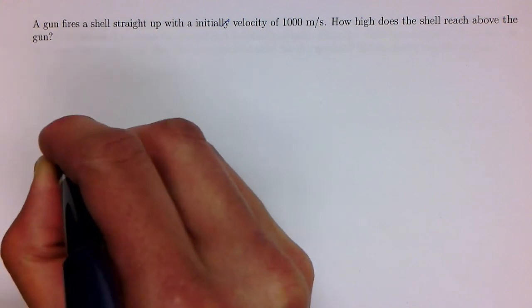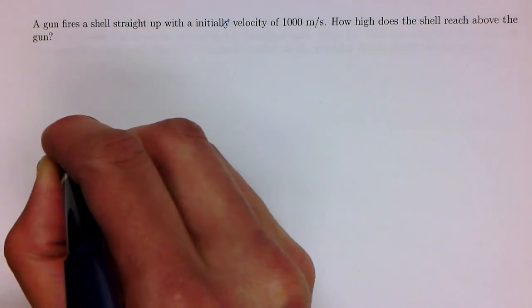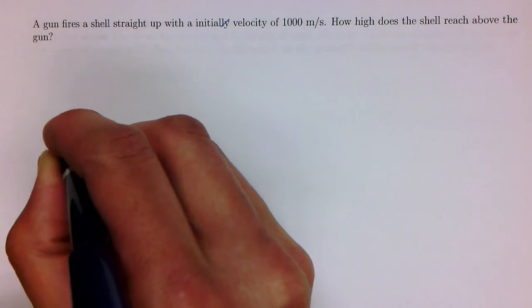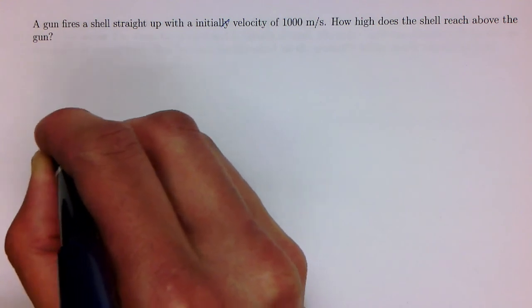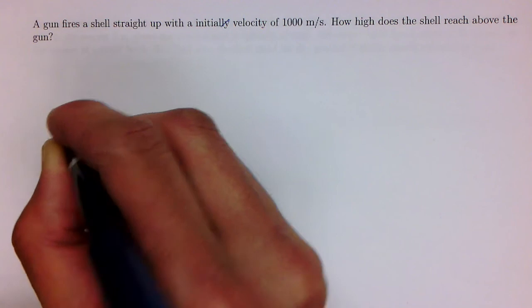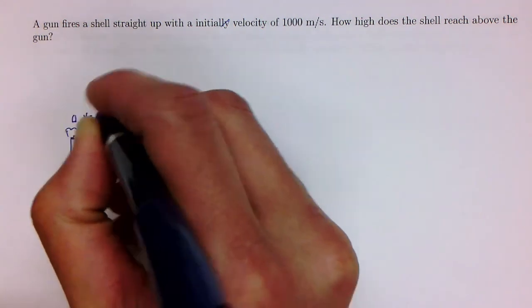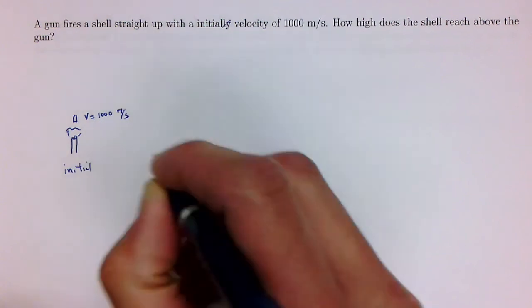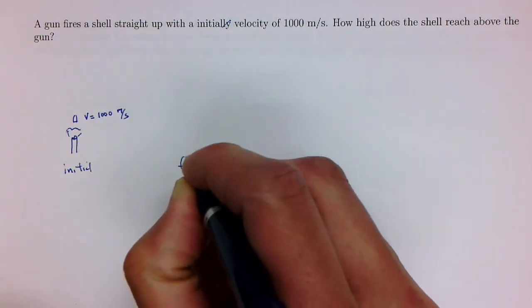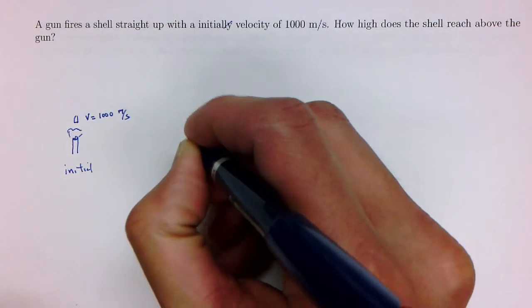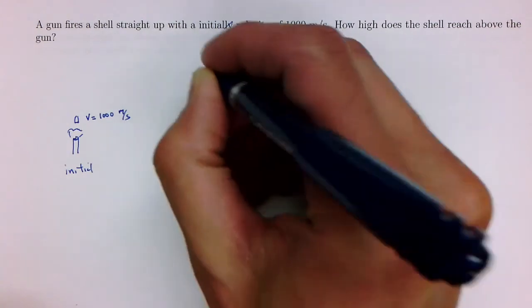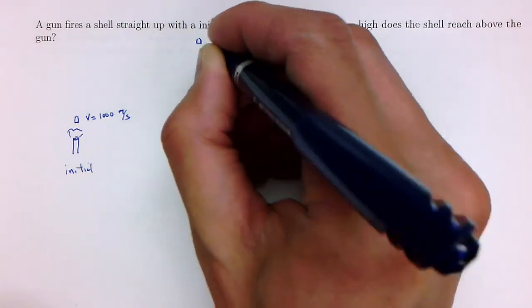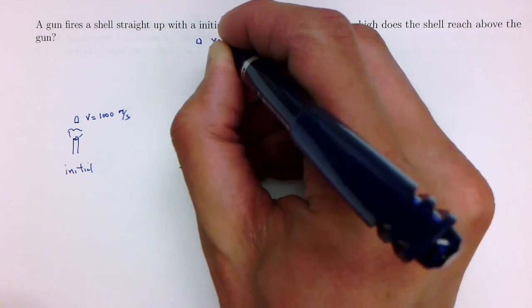So we have a gun, and it fires a shell with velocity equal to 1,000 meters per second. And then the final state, which we want to find out, is that the gun is here and the shell is up here. Velocity equals 0.